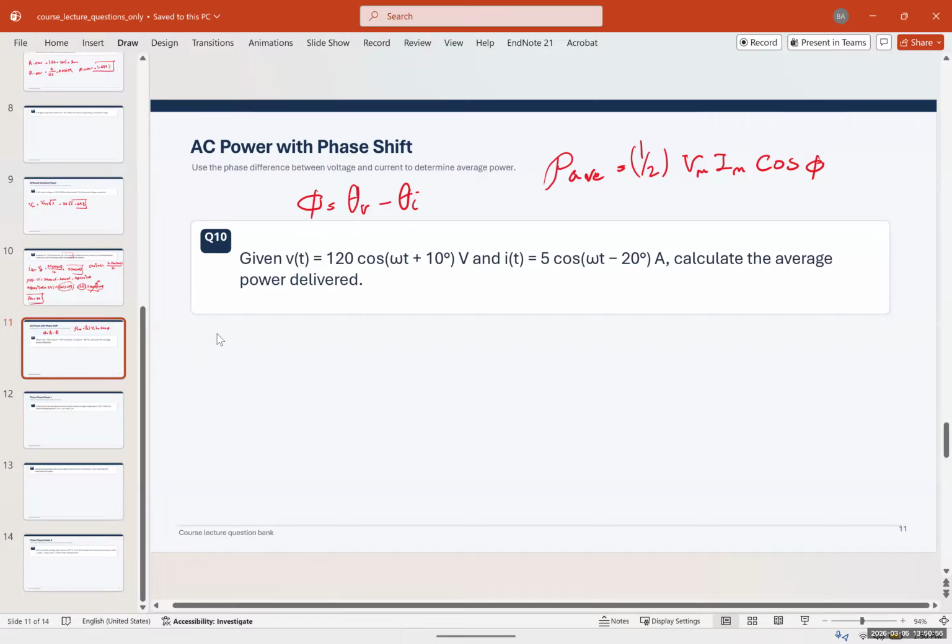Okay. So phi is the phase difference. It's 10 degrees minus negative 20 degrees, which gives us 30 degrees.